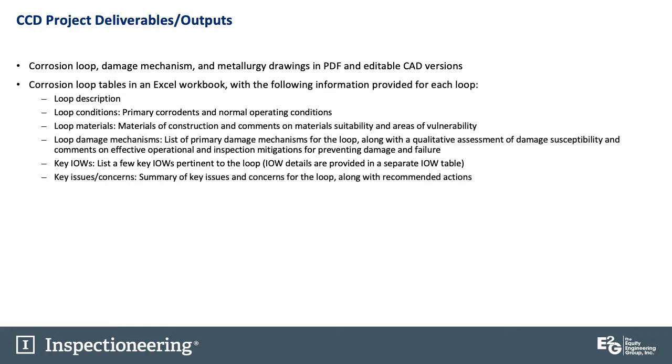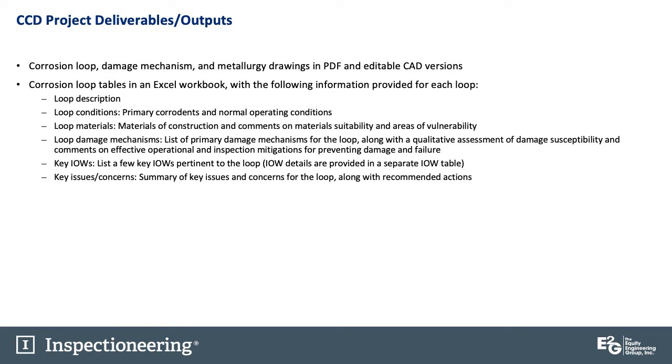And anyway, loop tables are provided typically in an Excel workbook with the following information for each loop: a loop description, the primary corrodants and normal operating conditions in the loop, the materials of construction and comments on material suitability and areas of vulnerability, a list of loop damage mechanisms.